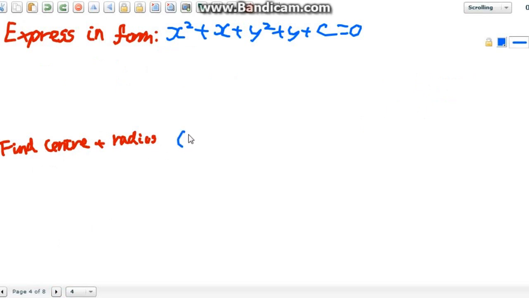So say you had x minus 2 squared plus y plus 3 squared equals 25. To find the centre, it's these points, but remember it's minus a, and it's minus 2, so a is 2, because negative a is negative 2.